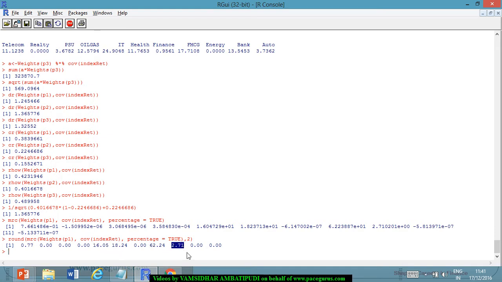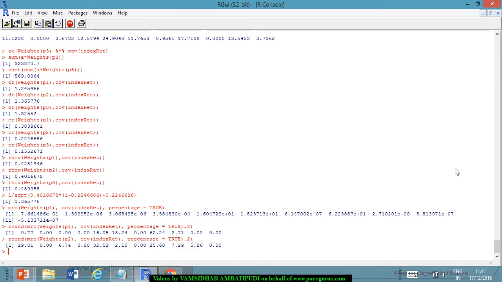So this is how they are contributing to the overall variance, or overall standard deviation, of the portfolio when I am looking at it with respect to P1. Whereas when I look at it with respect to P2, this is the contribution: 19 from the first sector, 0 from the second, 6.74, 32, 25.